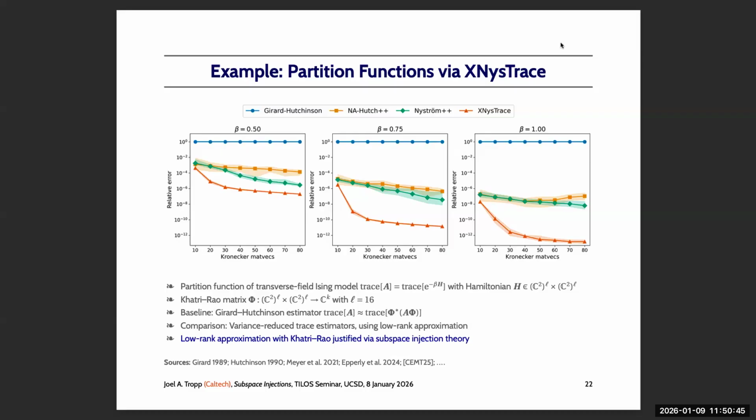And what you can see is that using these more sophisticated estimators, based on tensor product dimension reduction, justified by the subspace injection theory, you can get 6 orders of magnitude improvement over the baseline. Here 10 orders of magnitude, here 12 orders.